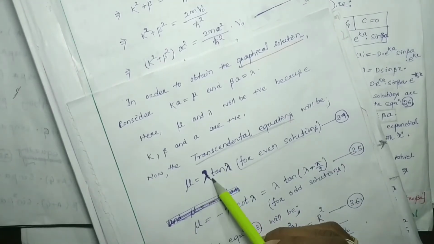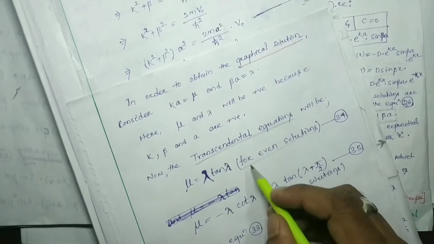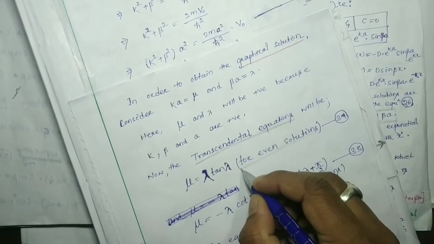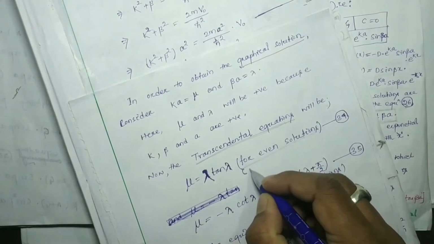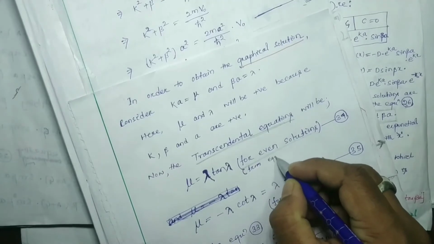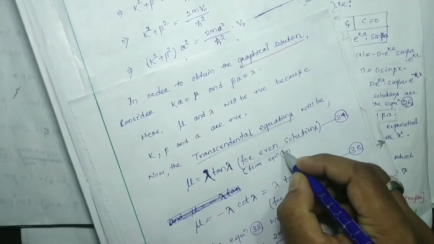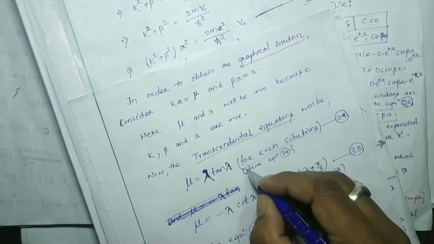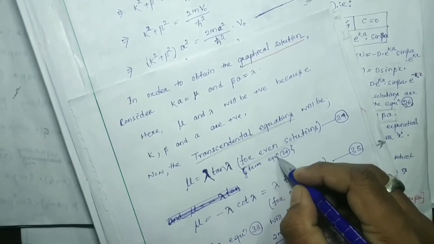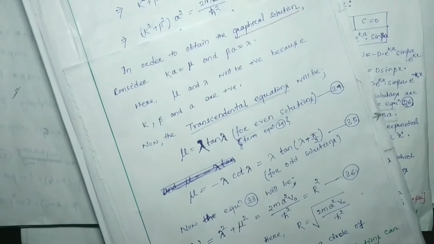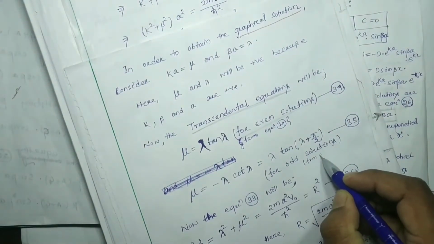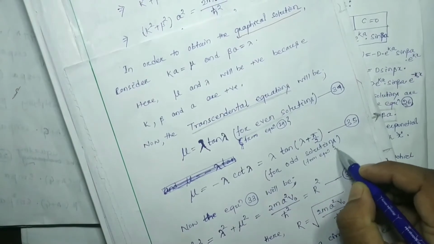This mu equal to lambda tan lambda, or you can write here in brackets also from equation number 19. Also you have to write over here so that you can easily understand. And this you can also write from equation number 26.